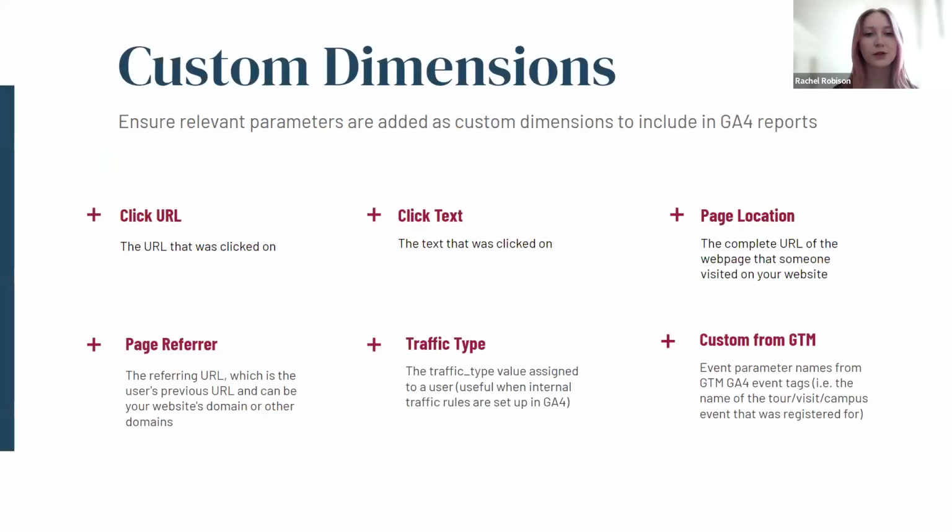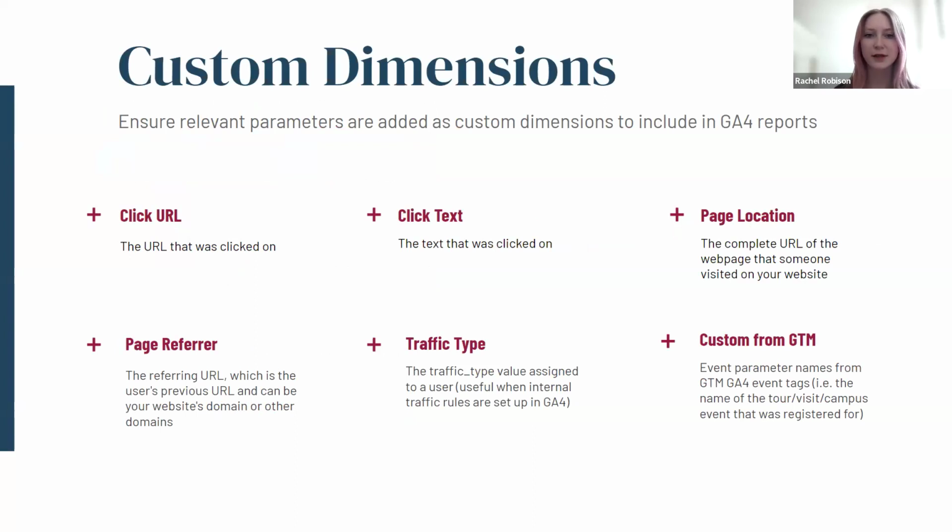What's awesome about GA4's event-based model is not only are you capturing the event, but there are typically parameters that are collected along with that so that you can get more context when you add them as custom dimensions in GA4.